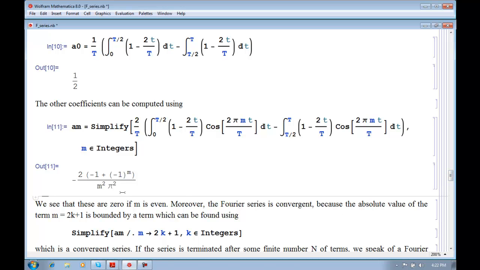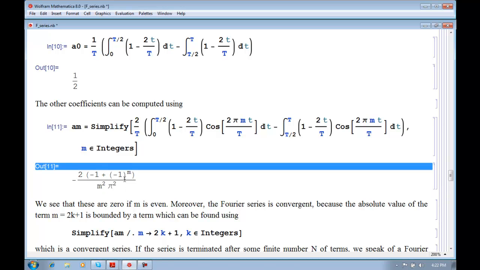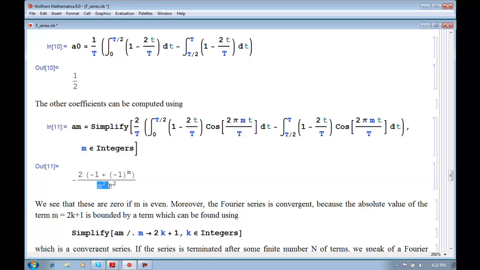And if we look at this, we can see that if m is even, then this term will be 1 and this will be minus 1, so we'll get 0. So in other words, these coefficients are 0 if m is even. Moreover, we notice that the coefficients drop off like 1 over m squared, so the Fourier series in this case will be convergent.